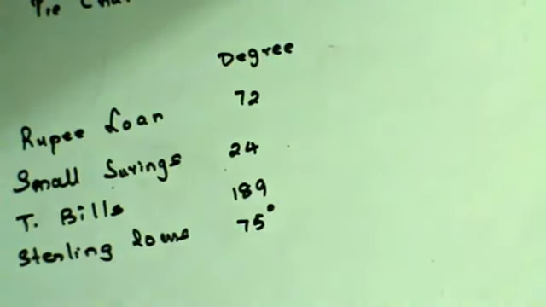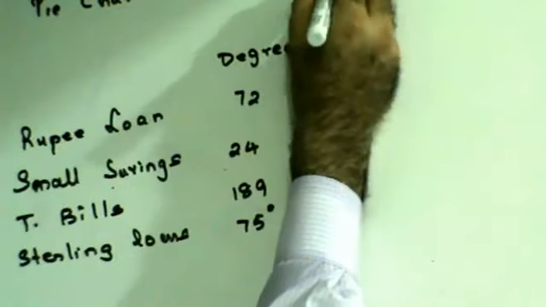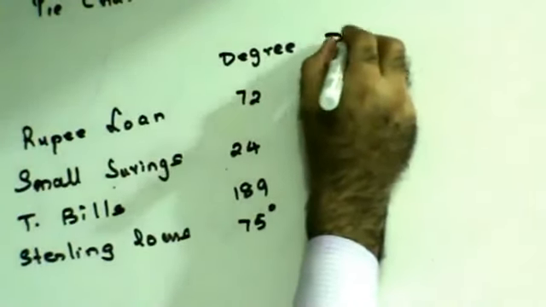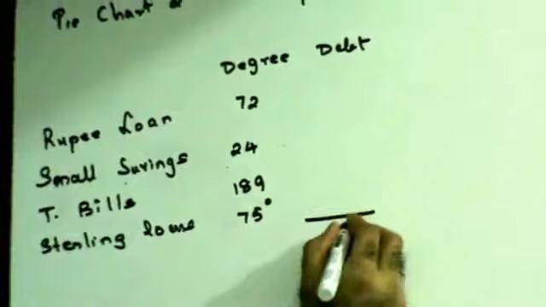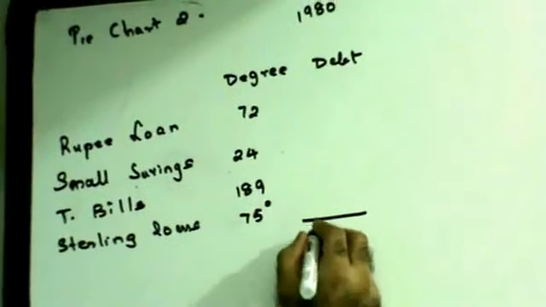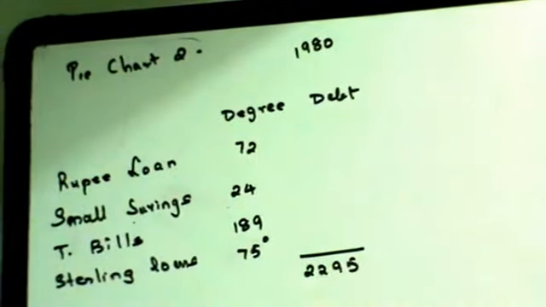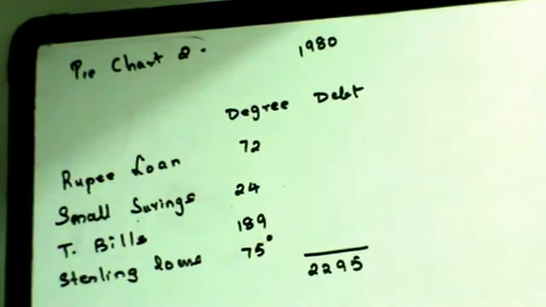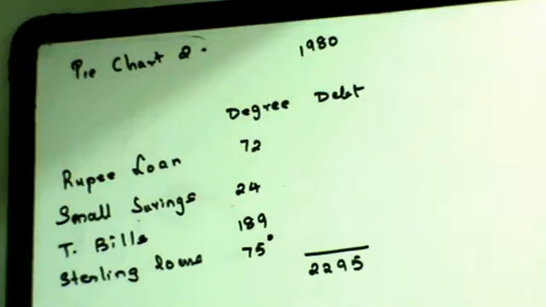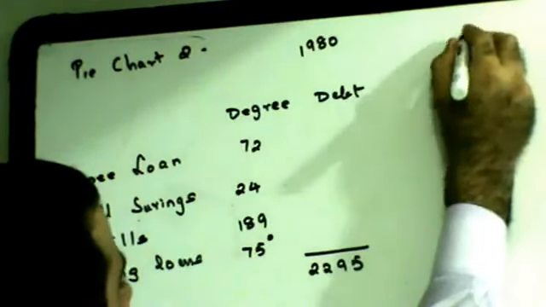This is the data for 1980. The total debt in 1980 is given to you as 2,295 crores. They've also given you data for 1985.